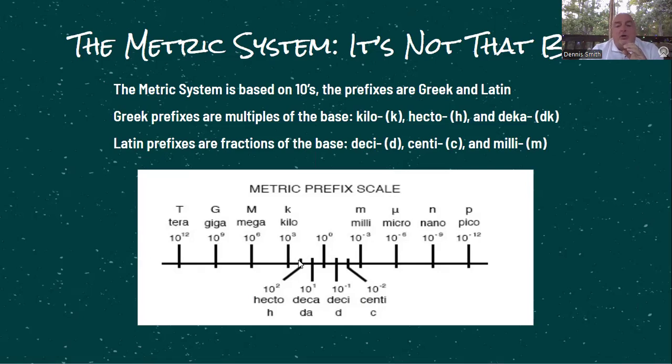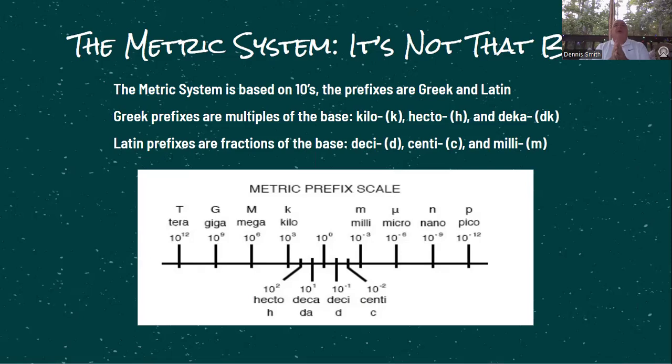Then you go to hecto. You move the decimal one more space. Now you have to put a 0 in front of the 7 as a placeholder, and it would be 0.07 hectometers. And then if it was kilometers, you move it over one more space to the left. You have to add another 0, which now means it would be 0.007 kilometers.